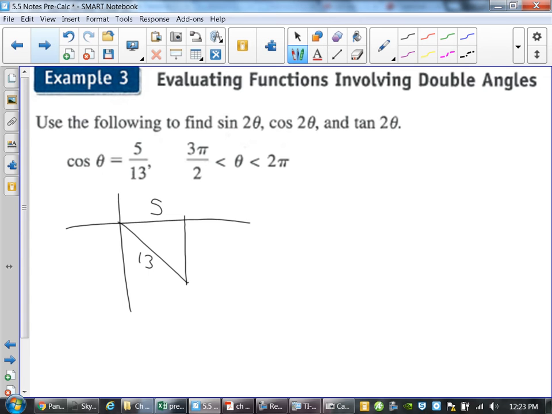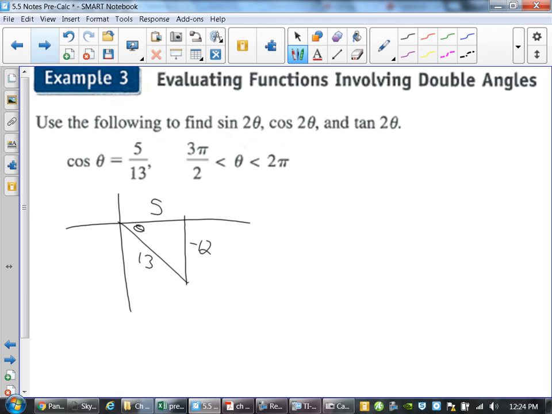What's my opposite? If I place theta at the origin, cosine is 5/13 placed in quadrant 4. What's my opposite? 12. Well, is it positive or negative? Negative. It's negative 12 for my opposite.